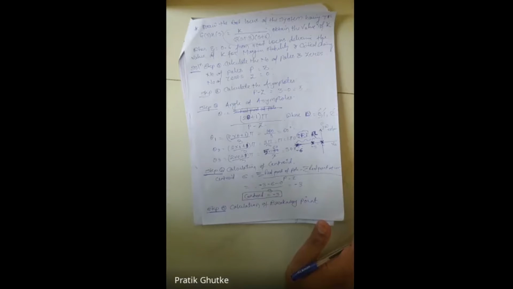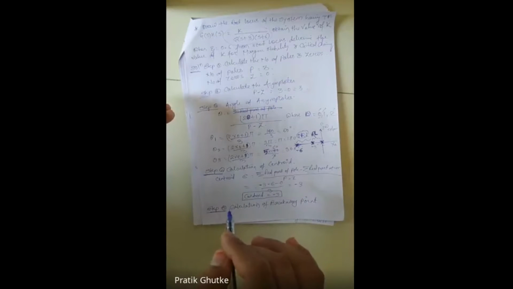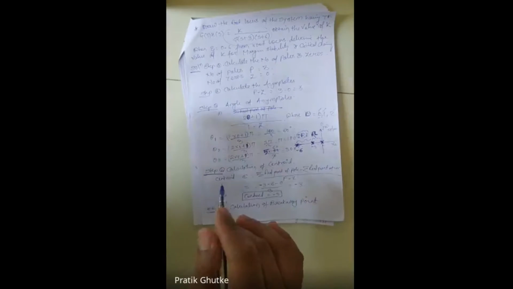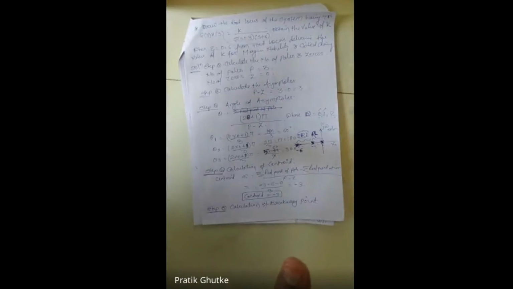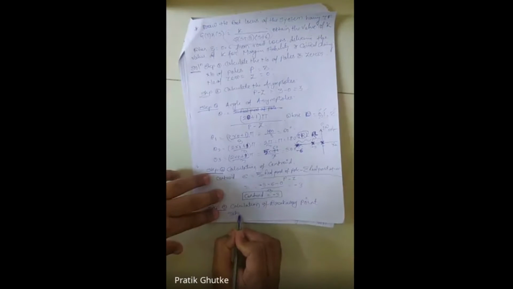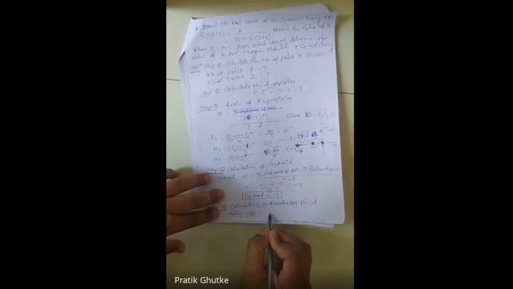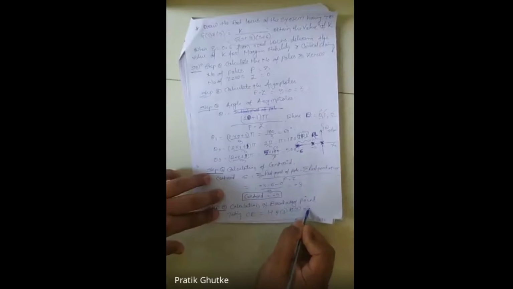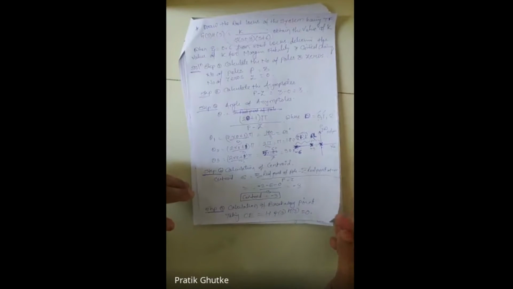We have to calculate the breakaway point. If it lies in the root locus region, then it is valid. But when the breakaway point lies in the non-root locus region, it is not a valid breakaway point. So first of all, how to calculate the breakaway point? Simple. Take the characteristic equation: CE, 1 plus G(s)H(s) equals 0. What are my G(s) and H(s)?